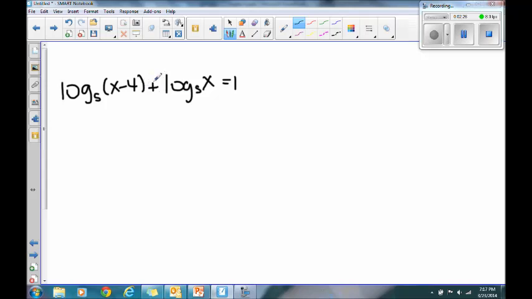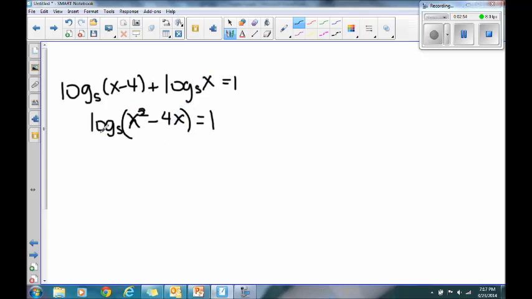We need to combine them into a single term, and we know that sums go back together as products. x squared minus 4x.